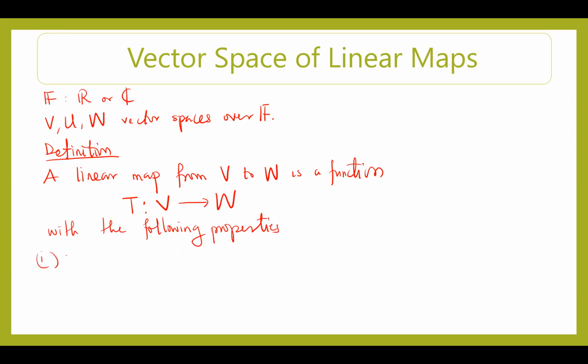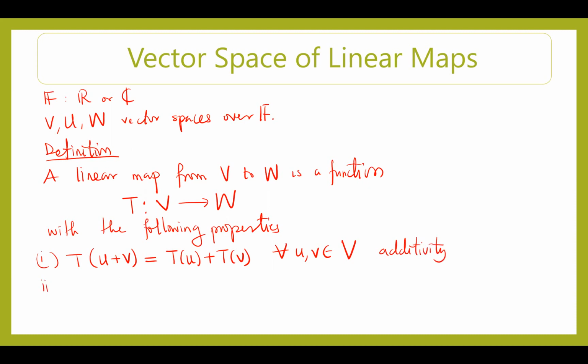One, whenever I apply this function to two elements from the domain, it can be written as T of U plus T of V. So T of U plus V equals T of U plus T of V for all U, V in the domain V. And this is what we call the additivity property.